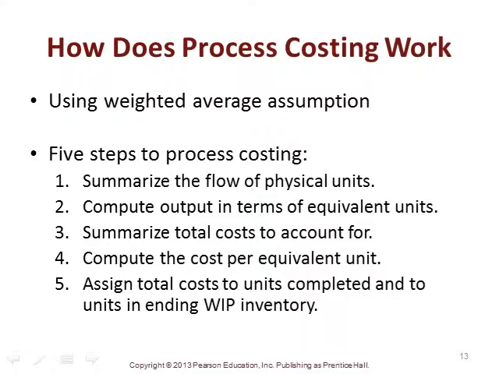Because as we said, when we transfer the product out at the very end of the process, we generally are not going to have in our work in process 100% completed units. So part of the cost has to stay in work in process, and part of the cost has to go to the finished goods inventory. And these steps give us the methodology for making that calculation.